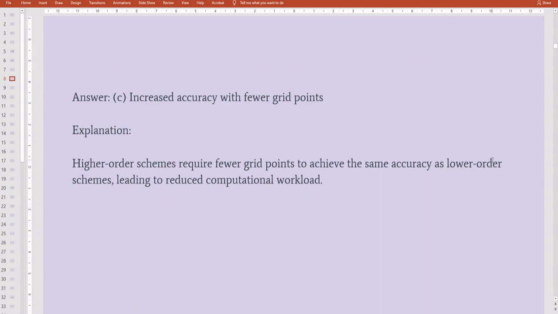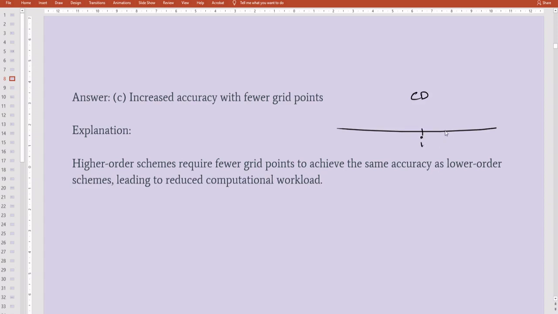So yes, you are right. The option C, that is, higher order schemes can deliver increased accuracy with fewer grid points. Suppose we are using a second order scheme or something, then we may have to go up to 5 grid points. We are using central differencing scheme, we may be using 5 neighbors.